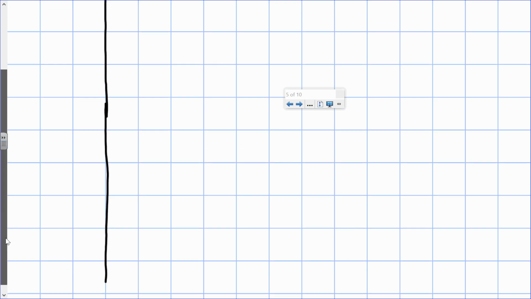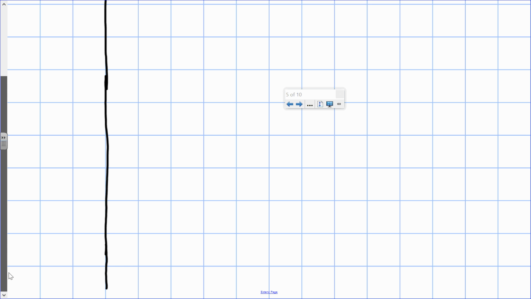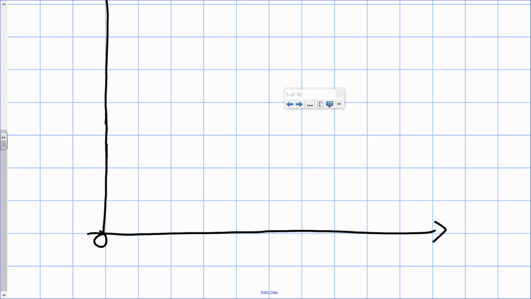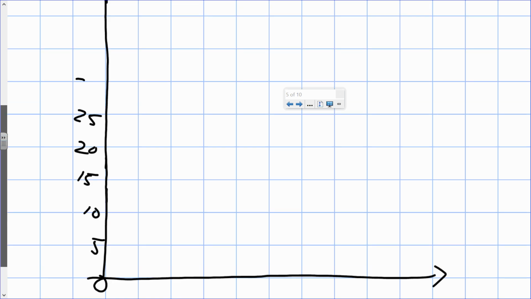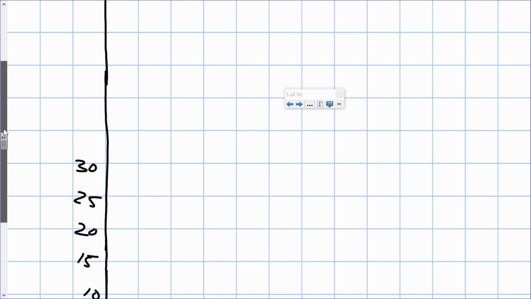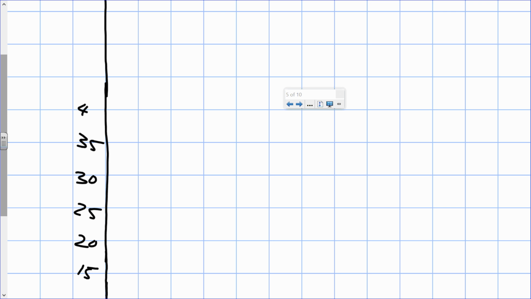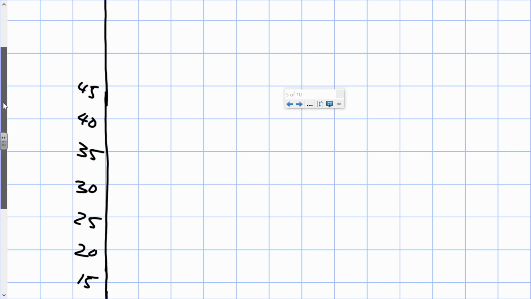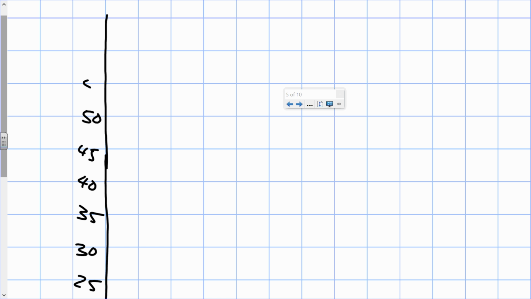So on your graph paper, here we go. We go 0. We'll go by 5s. 5, 10, 15, 20, 25, 30, 35, 40, 45, 50, 55, 60.